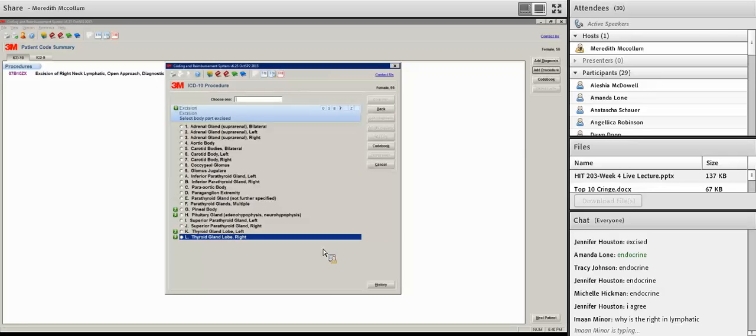Why is it right in lymphatic? I'm not sure I understand the question. The first code, because they took out the lymph node. The lymph node is lymphatic. This is a thyroid, and so it's an endocrine. It's two separate body systems.